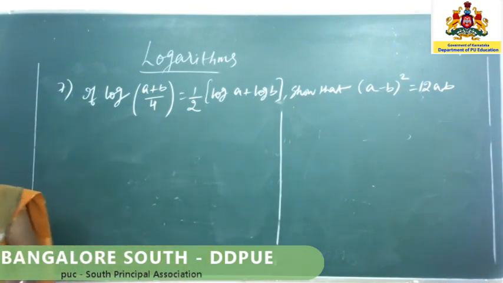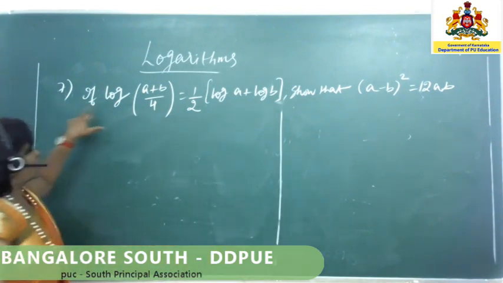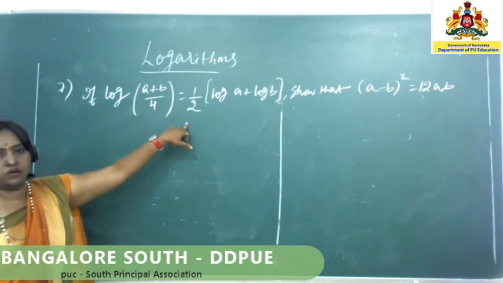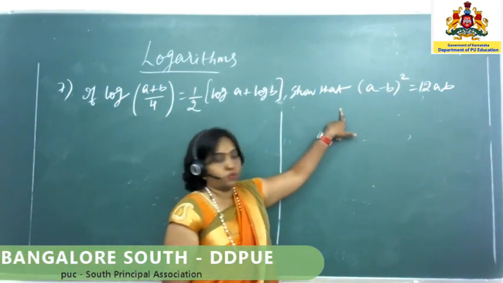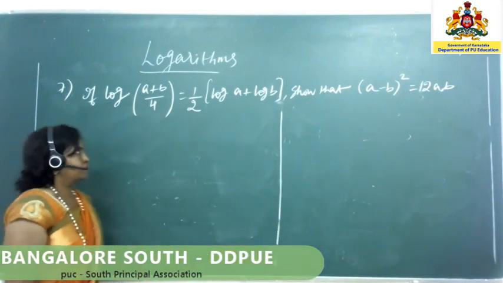So this is a 3 marks question. If log (a plus b) by 4 is equal to 1 by 2 into (log a plus log b), show that (a minus b) the whole square is equal to 12ab.